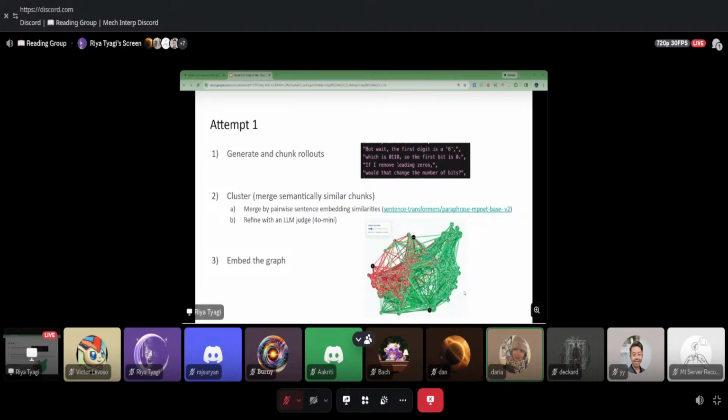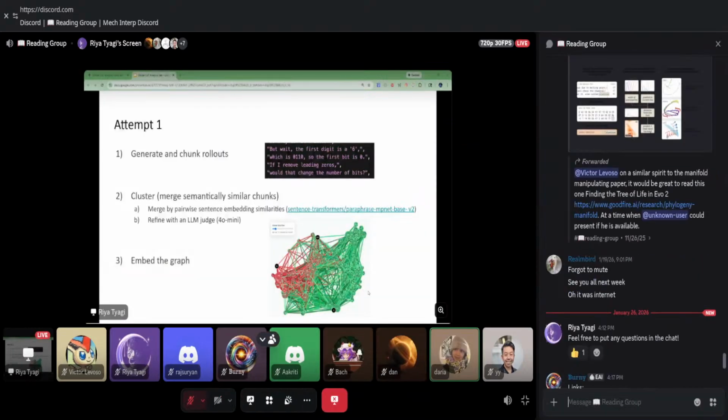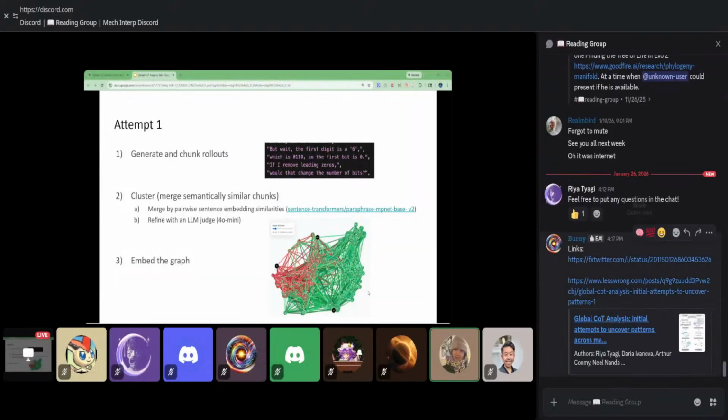The interesting thing that we noticed is that the rollouts that lead to the incorrect answer are colored red, and the correct ones are colored green. Because the software was placing tightly connected nodes closer together, we think that's the reason you can see this separation between the green part and the red part.